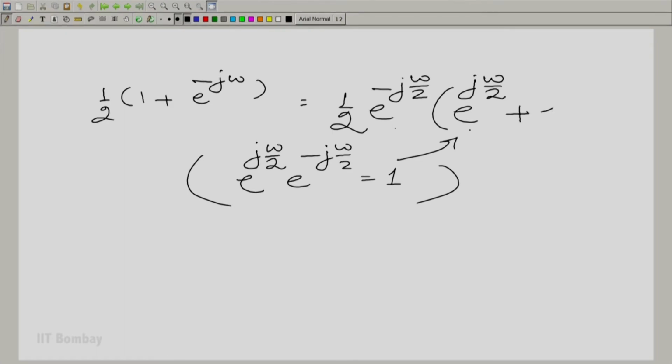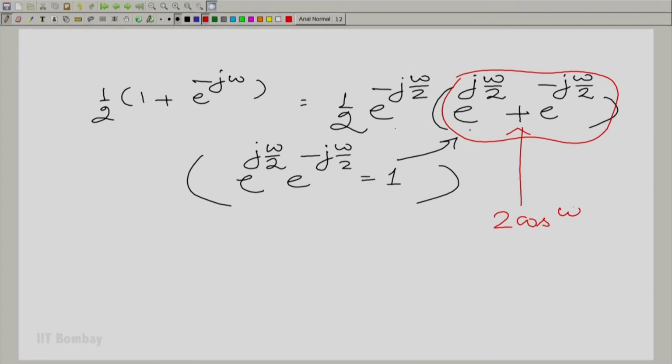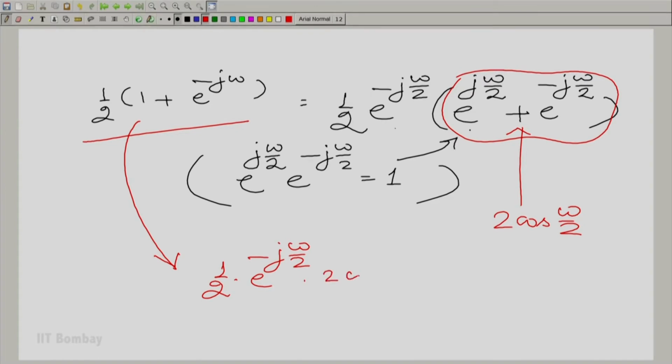And the other one would just be left with e raised to the power minus j omega by 2. And you know what this is. This is very easy to write in terms of the trigonometric function. This is 2 times cos omega by 2. So, I have half of 1 plus e raised to the power minus j omega is essentially half into e raised to the power minus j omega by 2 times 2 cos omega by 2. Very interesting.